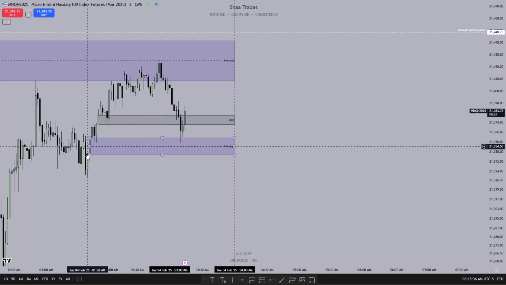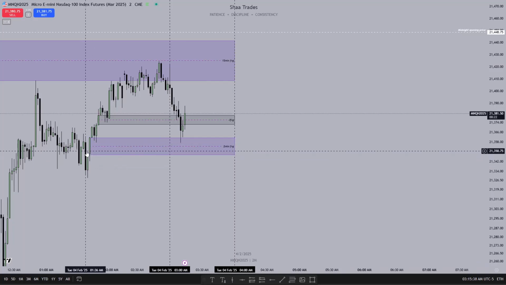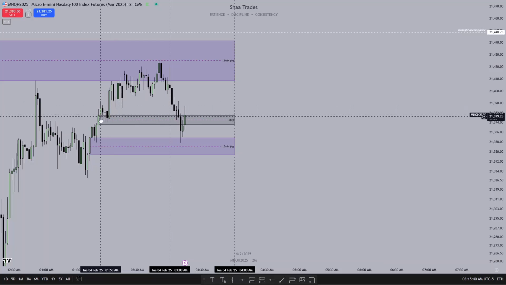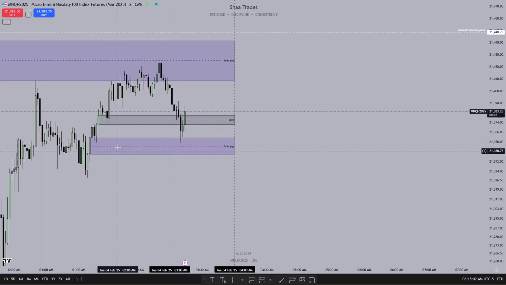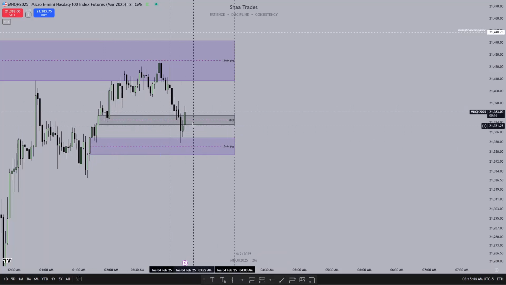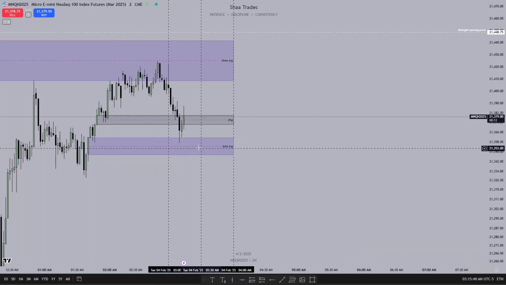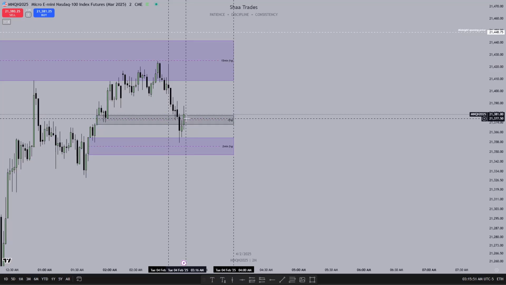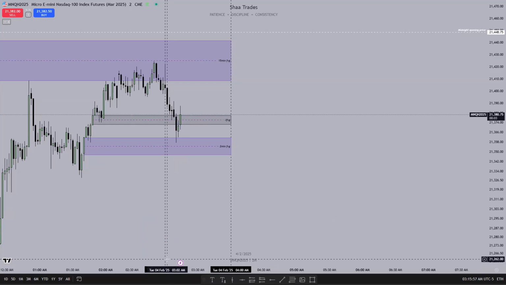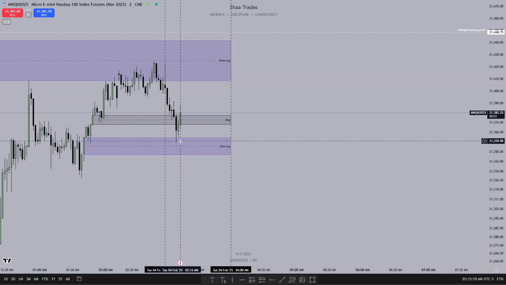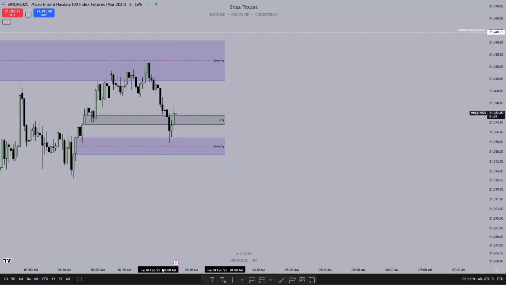Whenever I see fair value gaps, like at least two, I try to wait for the second one here. I want to see what it does during the first one. I've backtested and seen how it behaves during the first one, so I'm just waiting for that. Usually I don't like to see what it's doing there.